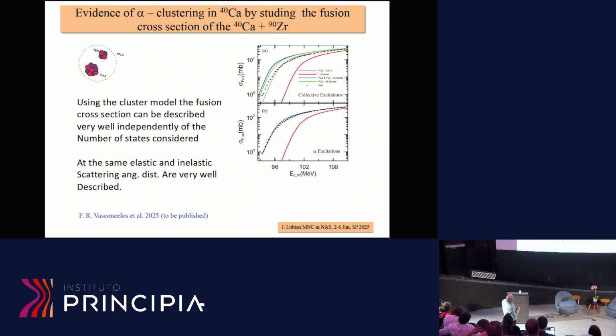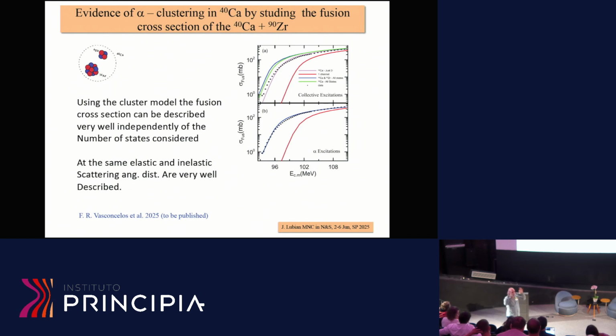So to finish my presentation, I would like to talk about the Fernandez poster yesterday, where we tried to find some evidence of alpha clustering in calcium-40 by studying the fusion cross-section of calcium-40 plus zirconium-90. In this case, the agreement in the literature, this pink curve there, is not as perfect as in the original paper, because, as I didn't emphasize, we don't fix parameters.